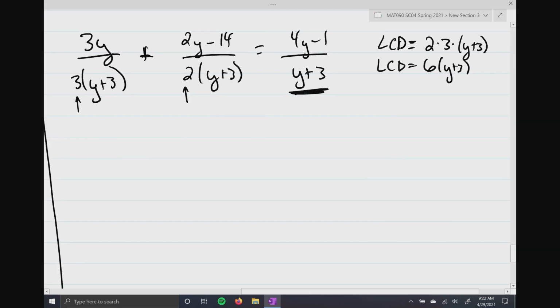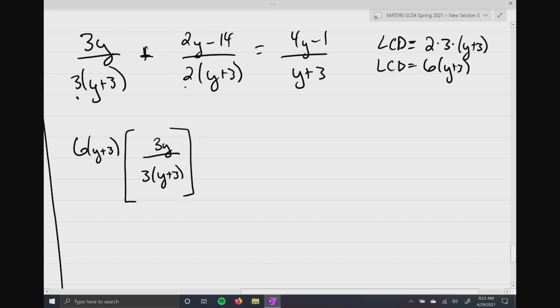All right? Now, I'm going to take that, and I'm going to multiply every single term by it. So 6 times y plus 3, and then in brackets, I'm going to put the first term.